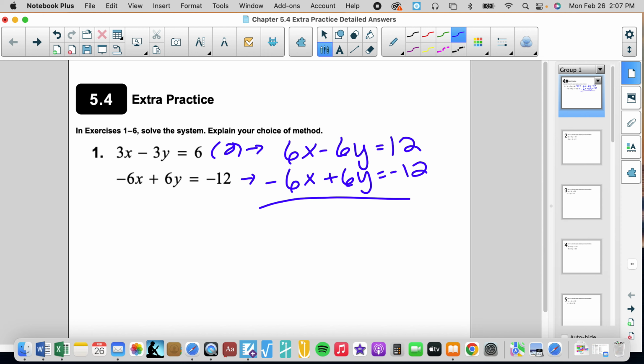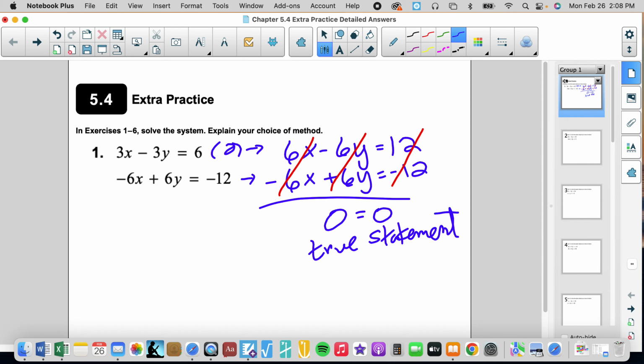So what's interesting about this is that the x's cancel, the y's cancel, and the constants cancel. So a lot of people would say, well, that's no solution. Well, that's not true. If we simplify those, you get 0 equals 0, which is a true statement.